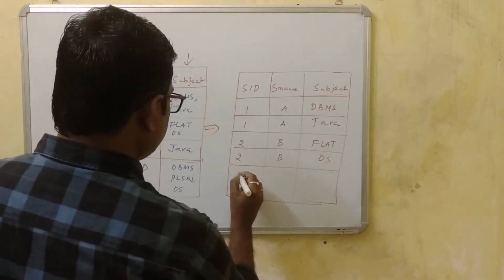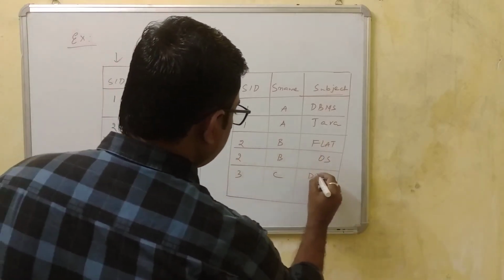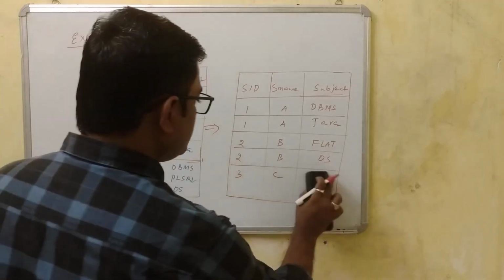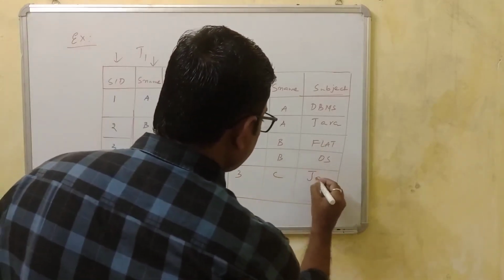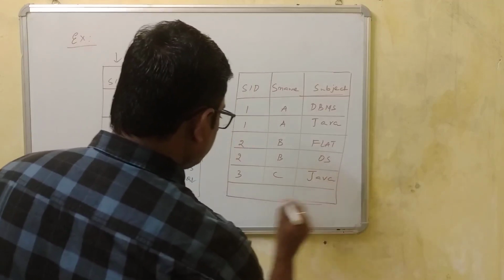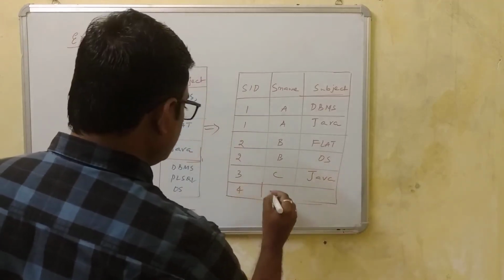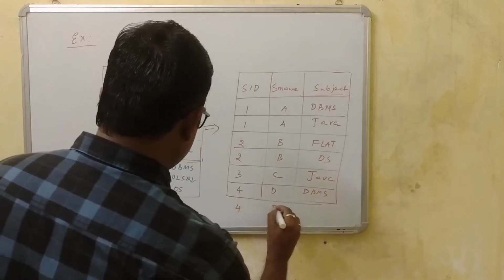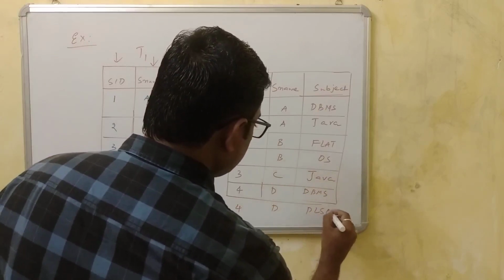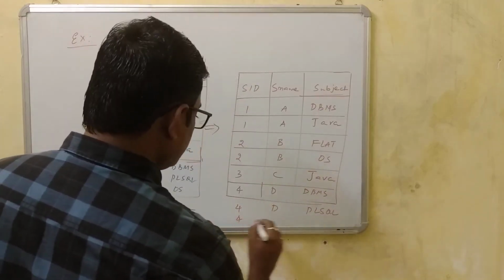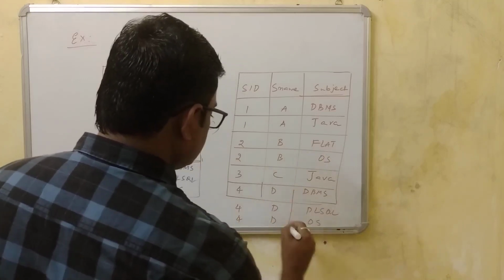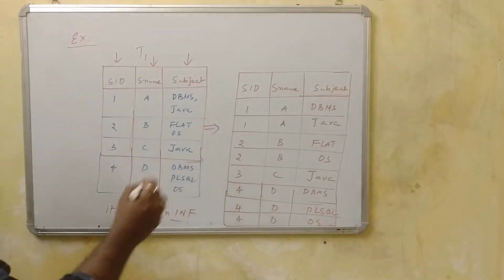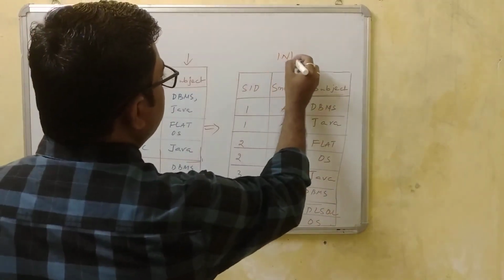Converting the third record: 3C DBMS, 3C Java. Then the fourth: 4D DBMS, 4D PLSQL, and 4D OS. Likewise we have to convert into first normal form. Now it is in first normal form.